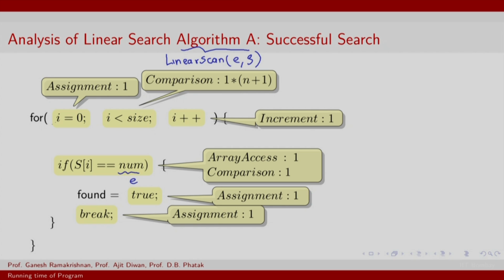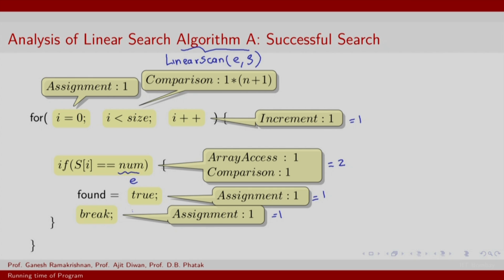So in the for loop you are making one increment at a time, the cost is 1, you are making array accesses and comparison simultaneously, this overall cost for the comparison is 2, and then both assignment and break statement will incur a cost of 1.